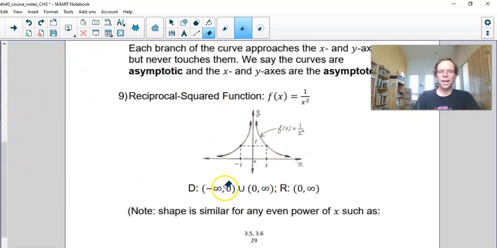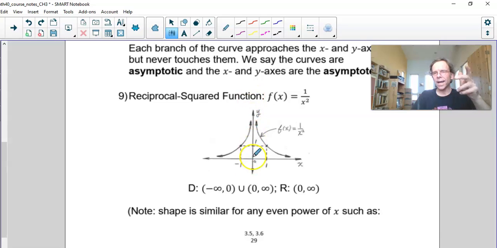Check out these domains and ranges. Because of the asymptote that is the y-axis, we don't really touch 0. There's x. You can't put in x equals 0. 1 over 0 squared is undefined here.